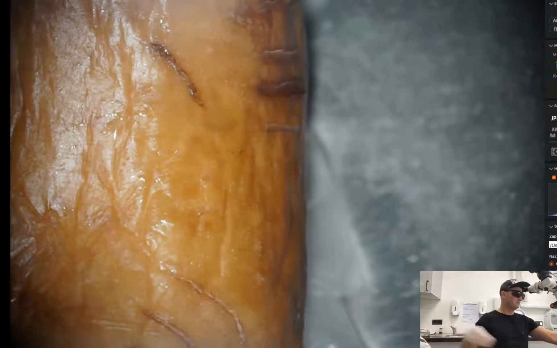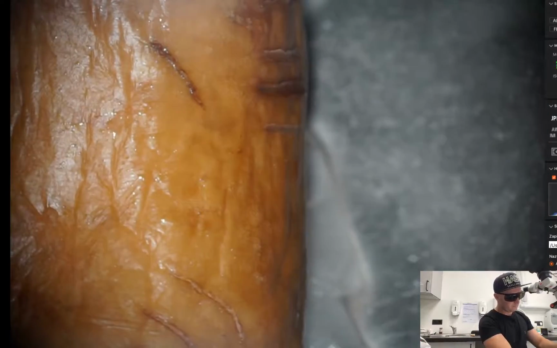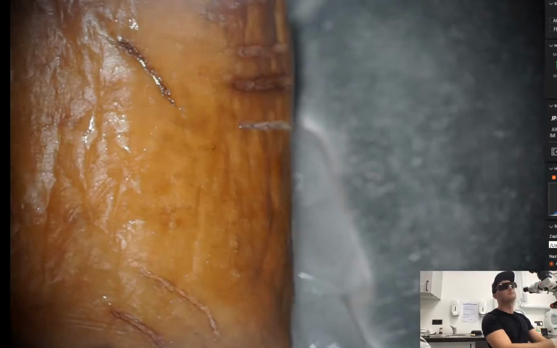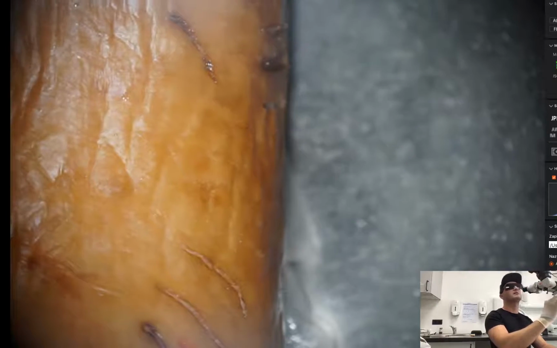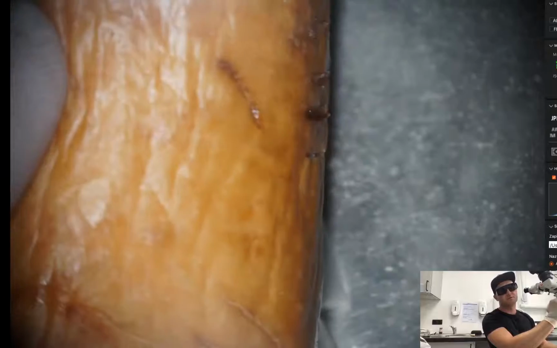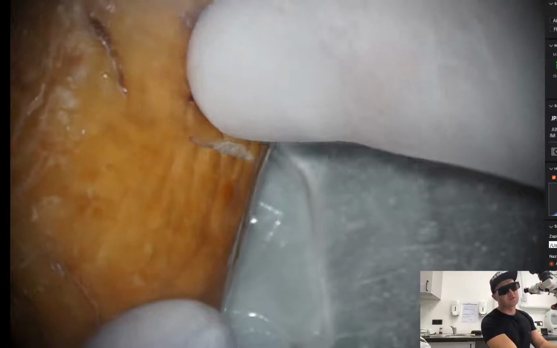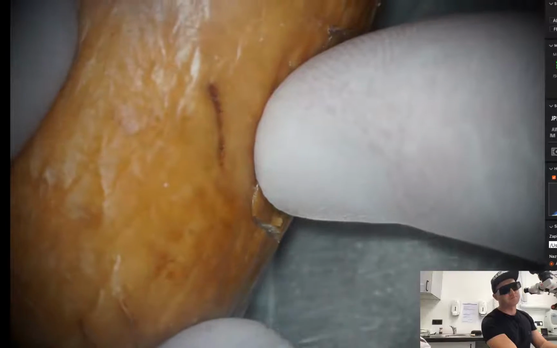As you can see, my cut is very smooth and no coagulation, and the deepest of all.